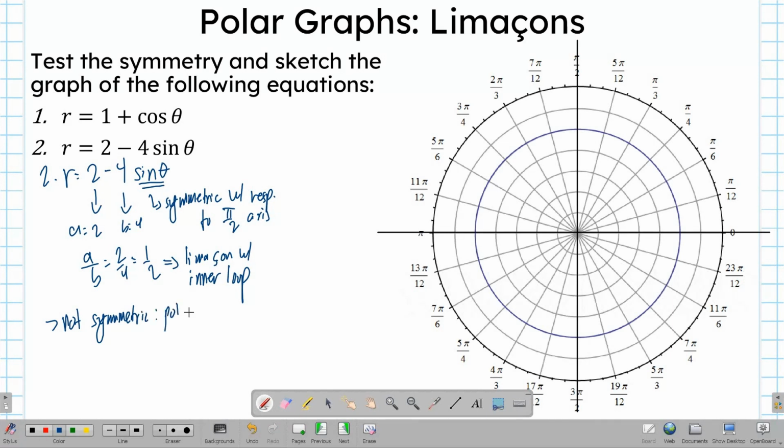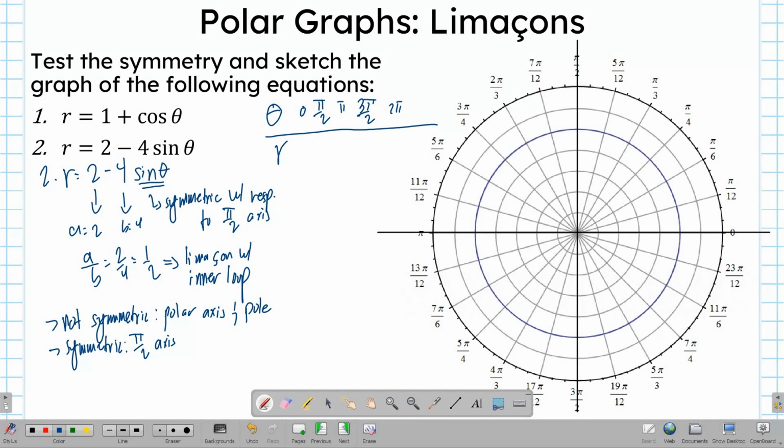It's only symmetric to the pi over 2 axis, and I leave it to you to make sure that the computation is aligned with these conclusions. So if we're going to graph, again, our theta, we'll use the same key points for 0 to 2 pi. That's 0, pi over 2, pi, 3 pi over 2, and 2 pi.